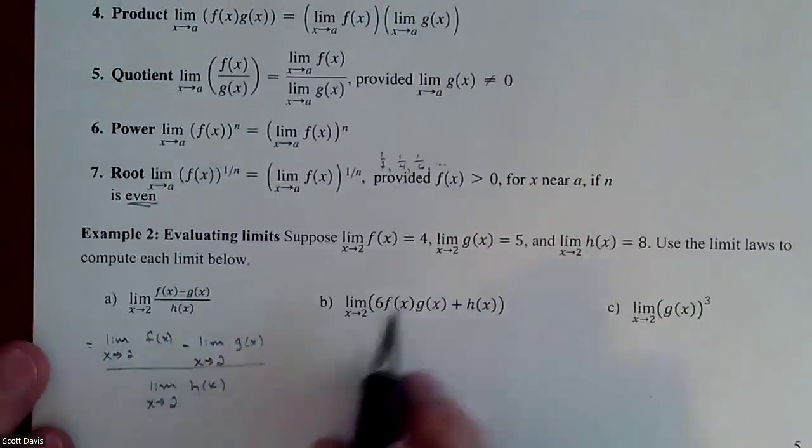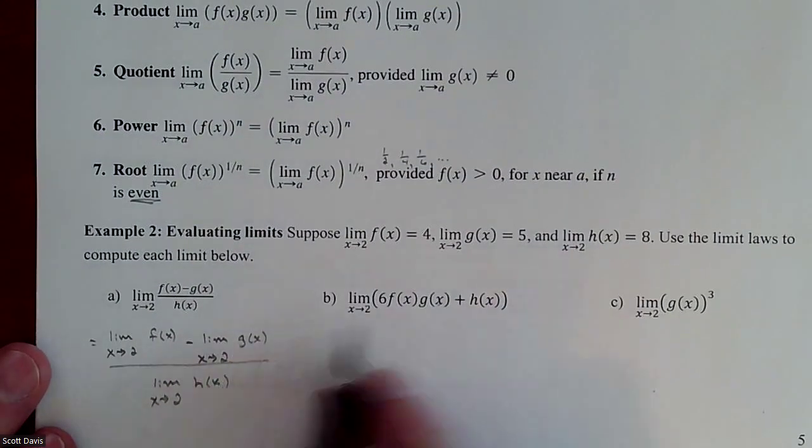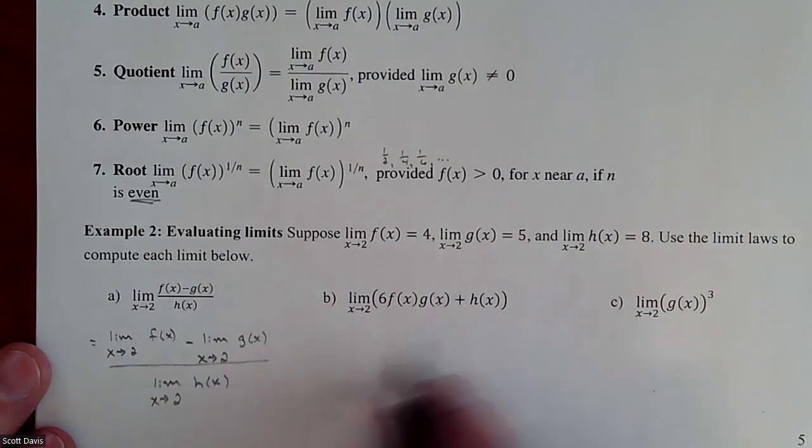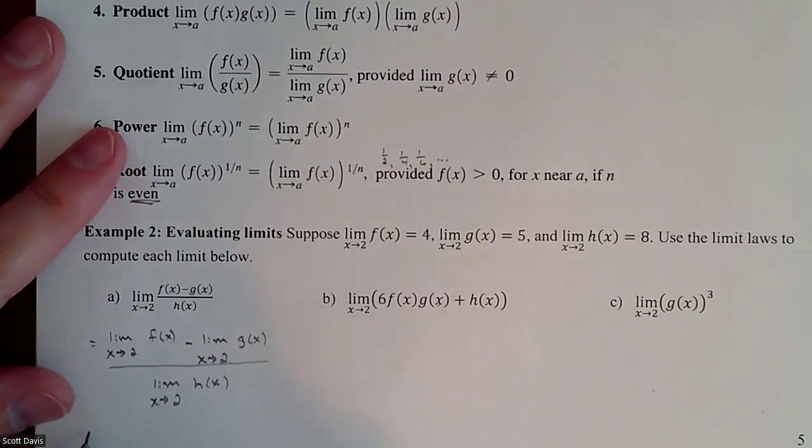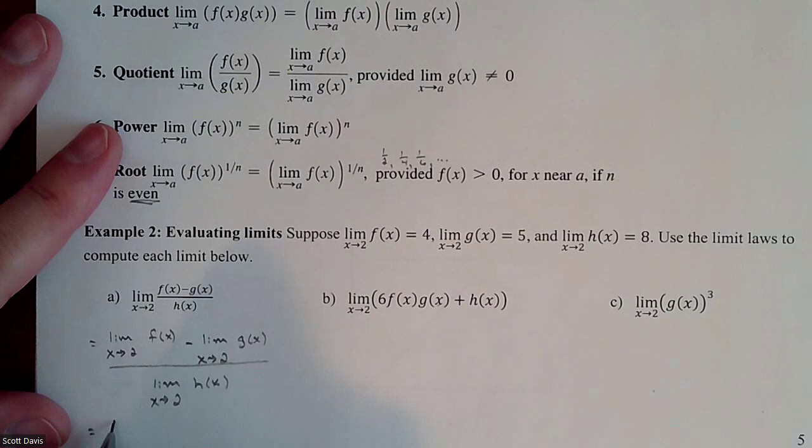And since they give us these values, you can just sub those all in. So you're looking at 4 minus 5 divided by 8, which gets us negative 1/8.